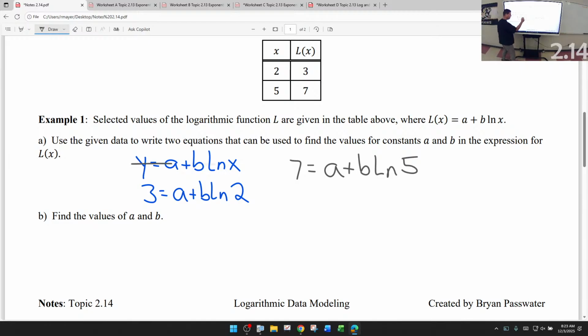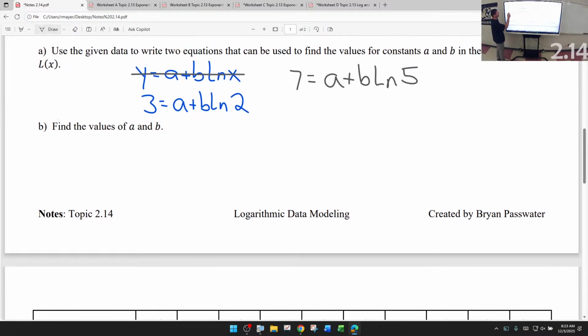However, this one doesn't matter. Can be used to find the values for the constants a and b. And this can find the a and b because we have what? 2 unknowns, a and b. And if you have 2 unknowns with 2 equations, you can find the unknowns. I'm supposed to find a and b now. This might be, no, this is the hardest thing you can do.